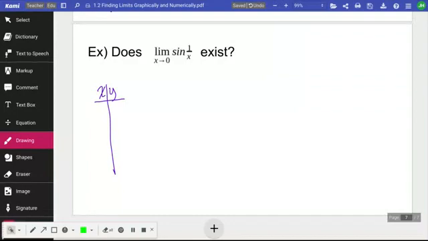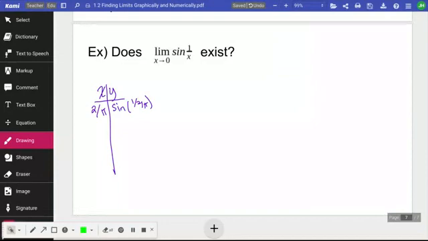Consider 1 over x like a reciprocal. Whatever number I plug in on the bottom, I can just flip it, so it'll be easier for sine. I'll show you an example: 2 over pi, because when I plug that in, I'm going to have sine of 1 over 2 over pi.